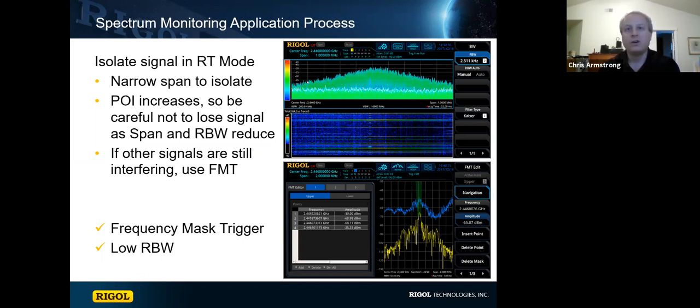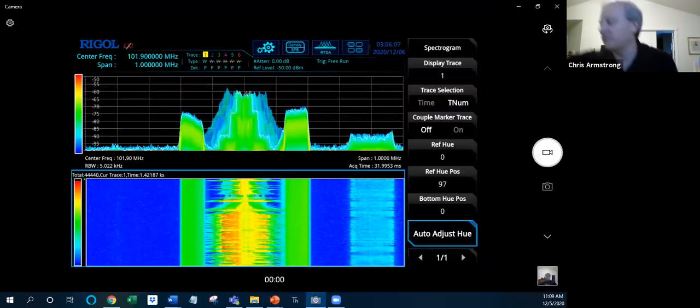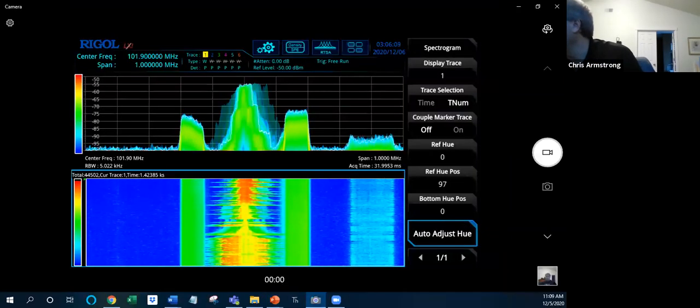Once you catch those, I tend to go into a mode where I try to isolate some of those signals. And this is where things like frequency mask trigger become important, because I can just trigger on those peaks. Since I'm feeling bold today, I'll do it on my instrument here. Let's see.